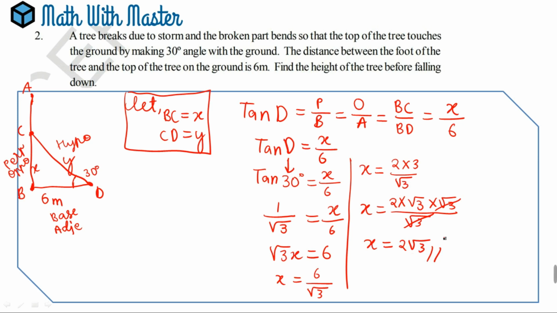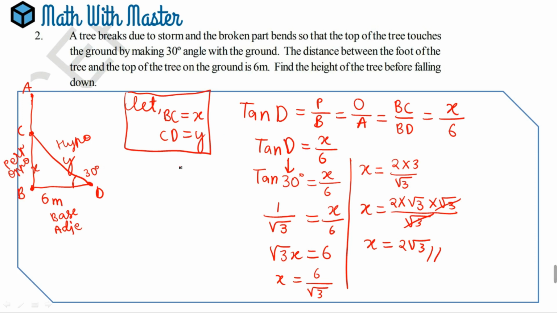the storm. So we know that AC is equal to CD because this is the tree. AB was the tree before the storm and BC is the height of the tree after the storm.